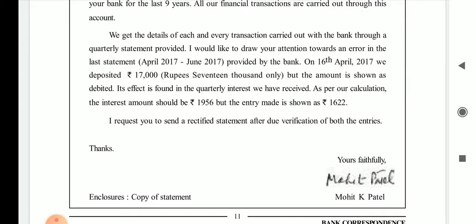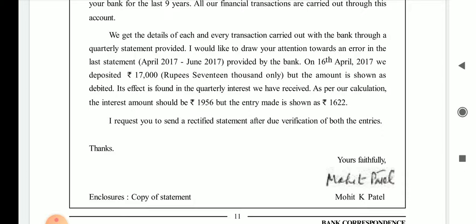I would like to draw your attention towards an error in the last statement, that is of April 2017 to June 2017 provided by the bank. Here Mohit K. Patel would like to draw the attention of the bank that they got the statement for the duration April 2017 to June 2017.